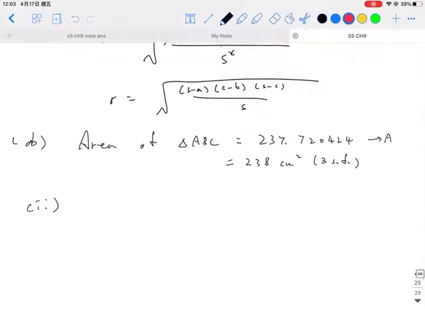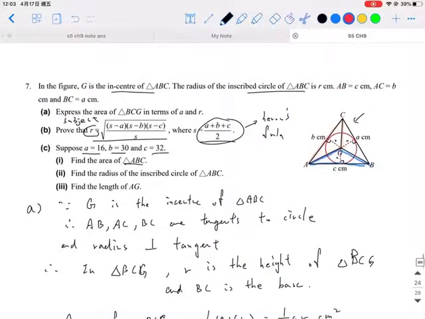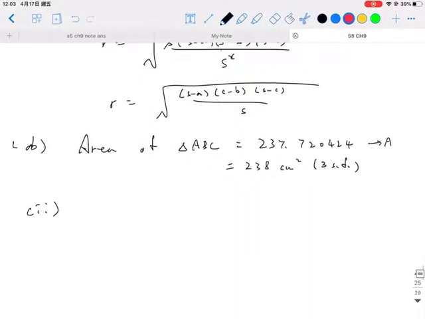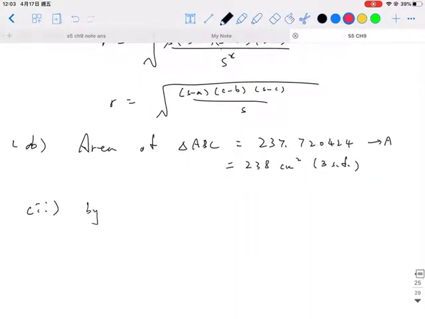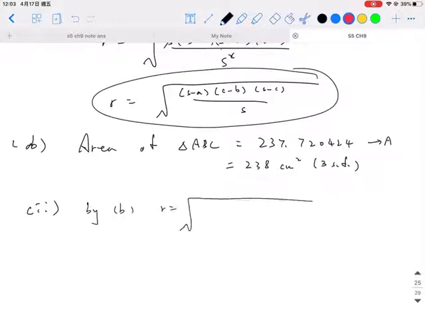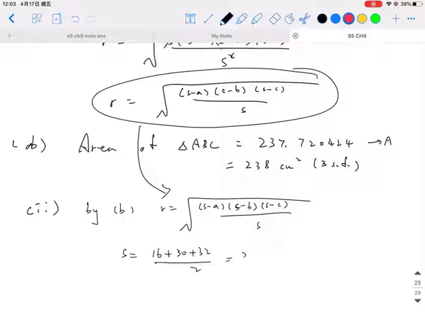Okay, the question of part C2 is to find the radius of the inscribed circle. Once we know part B, we know the relationship between R and the three sides, so we can apply it. So just substitute. R is equal to this one, right? I substitute S equal to (16 plus 30 plus 32) over 2, which equals 39.